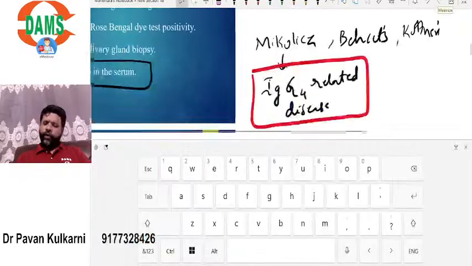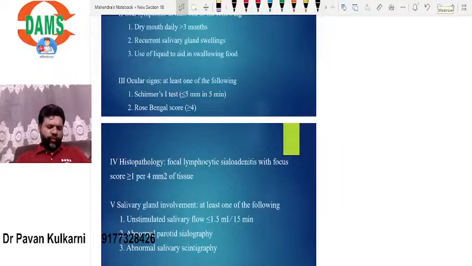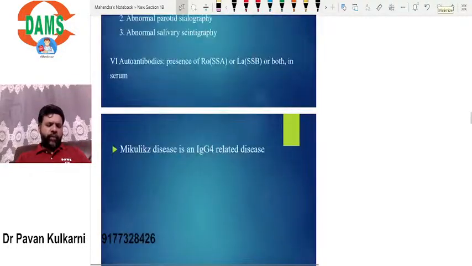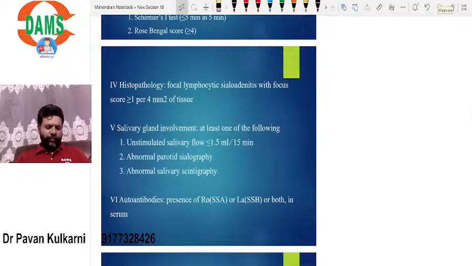I don't want to go into details of the criteria for diagnosis of Sjogren's syndrome here. For Sjogren's syndrome, you have to remember that there are many criteria to diagnose it. Rheumatoid factor will be raised. You will see anti-nuclear antibodies. ESR will be raised. All these are the things which you'll see.